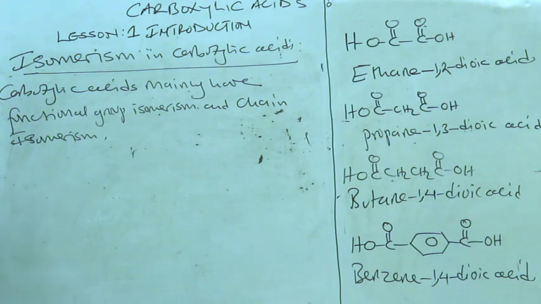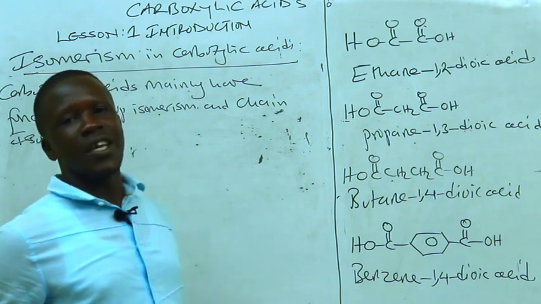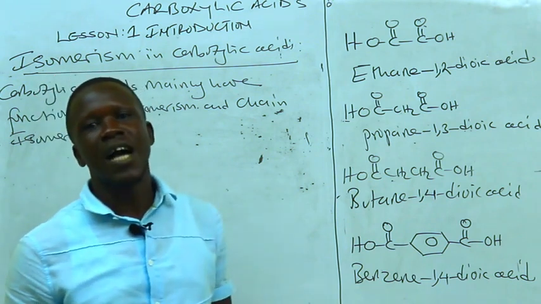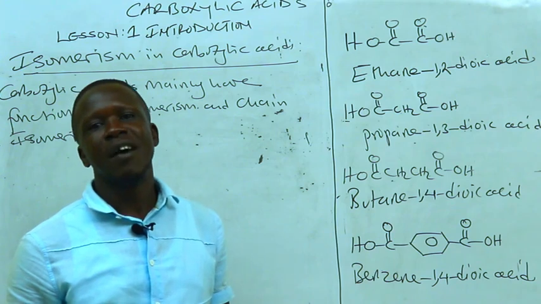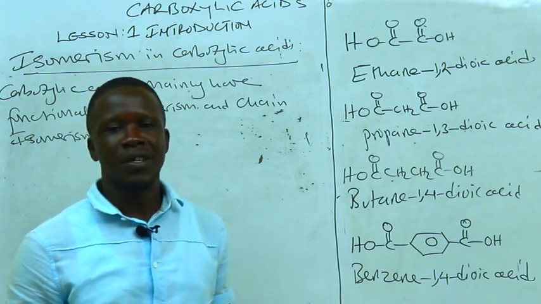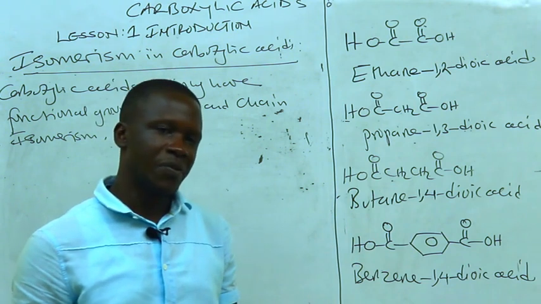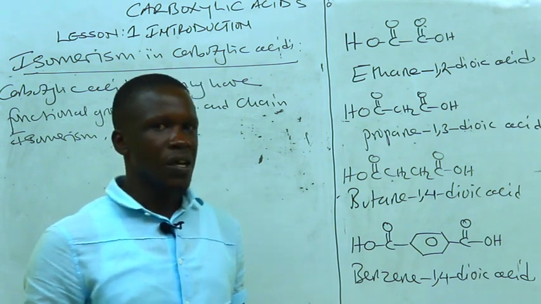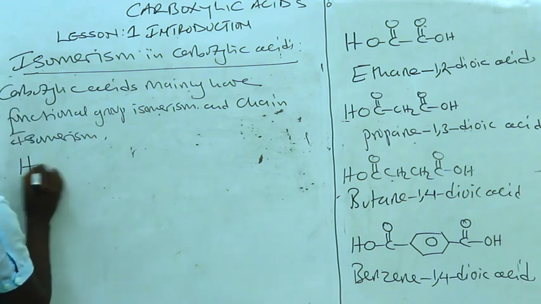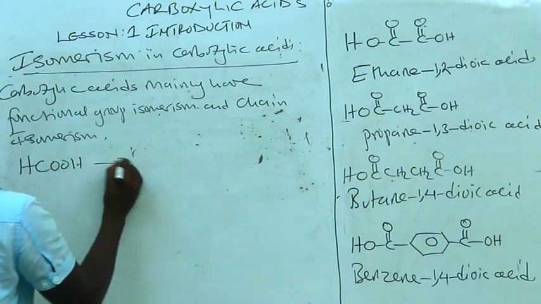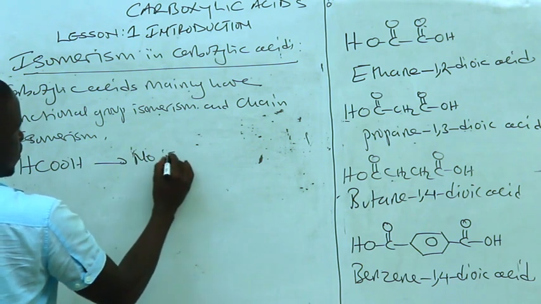Now you realize that the first carboxylic acid, methanoic acid, may not have the functional group isomerism, may not have the chain isomerism, because it's just one carbon atom. So we are going to say that methanoic acid has no isomers.